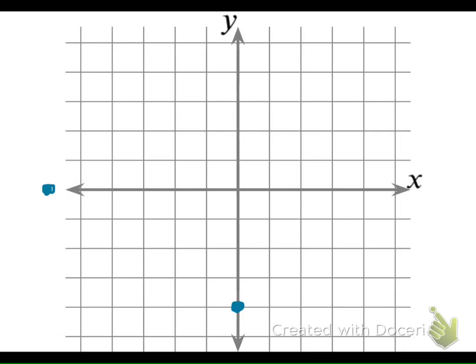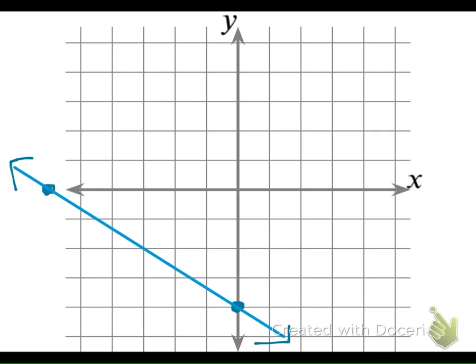Get your straight edges out, unless you've already done it. Make sure you get your arrows on there and that the line goes all the way to both ends of the coordinate plane. And then what step am I leaving off on here? What am I forgetting?